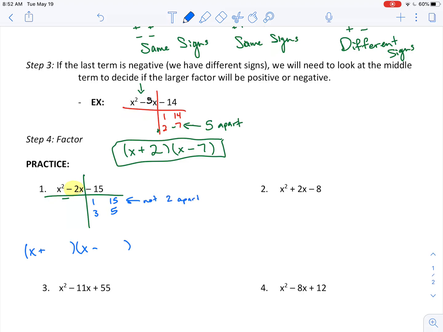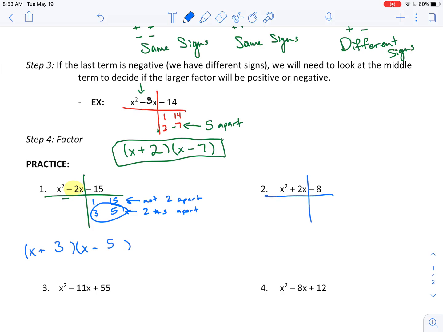Well, 1 and 15 are not 2 numbers apart, but 3 and 5 are 2 numbers apart. So we're going to pick these 2, and I want more negatives than positives. So I'll put my bigger number in the negative, smaller number in the positive spot.